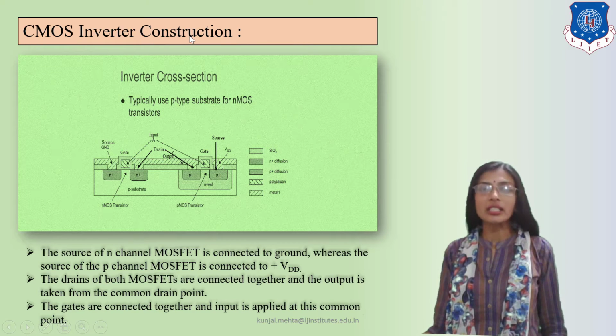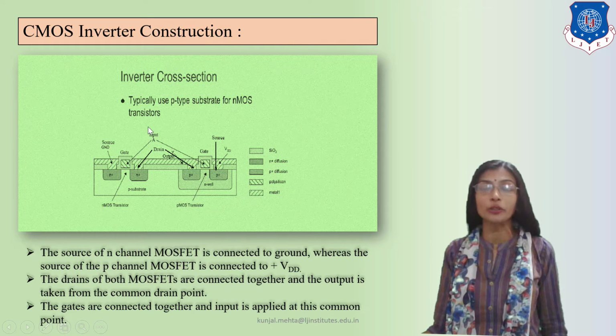CMOS inverter construction. This is detailed cross section or construction. Typically use the P-type substrate for NMOS transistor, that I have already told you first. We will use the P-type substrate always for NMOS transistors. So look at this, this is the P-type substrate I have constructed here using N-well. P plus regions are there and gate terminals. These are the two gate terminals.